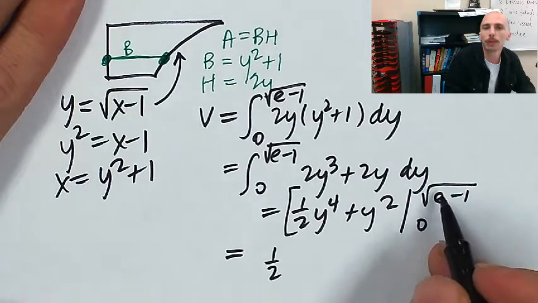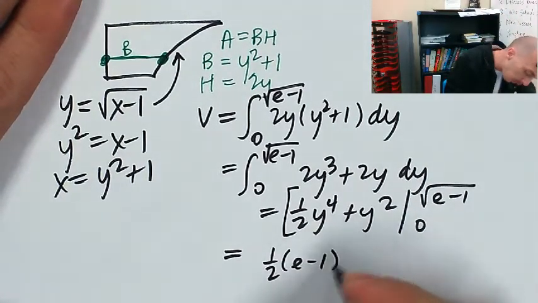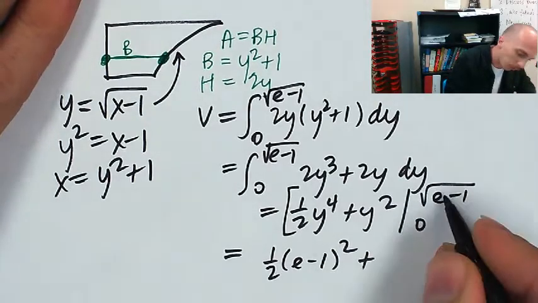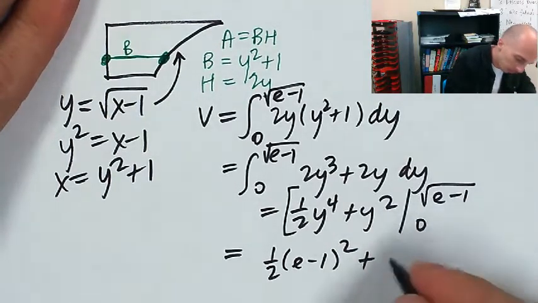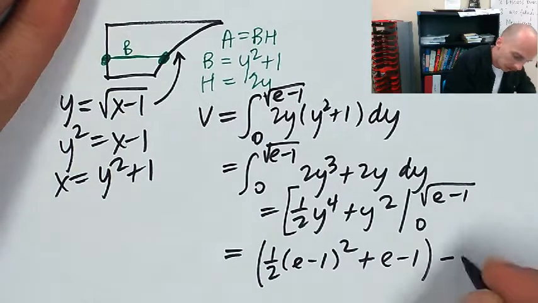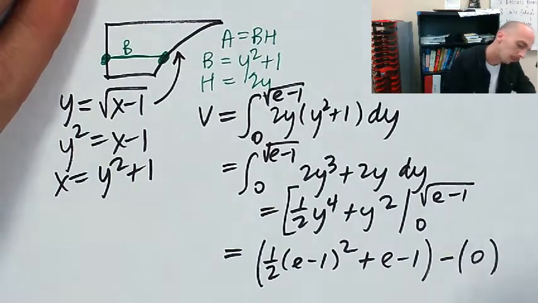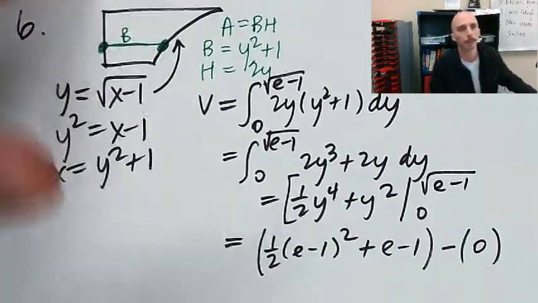Well, if I take the square root of e minus 1 and take it to the 4th, I end up with e minus 1 squared. Plus, well, the square root of e minus 1 taken to the 2 power is e minus 1. Minus, and then when I plug in 0 here, I get 0, and there I get 0, so that would just be 0. Okay, and that's the volume.